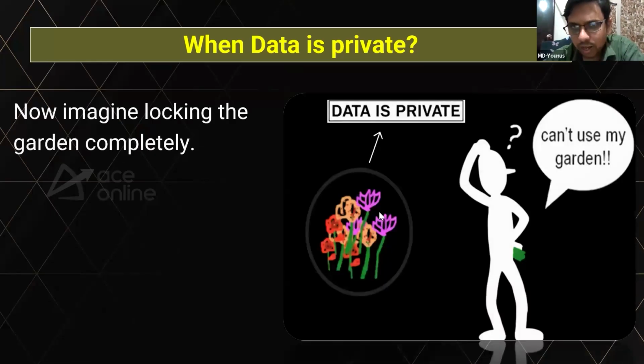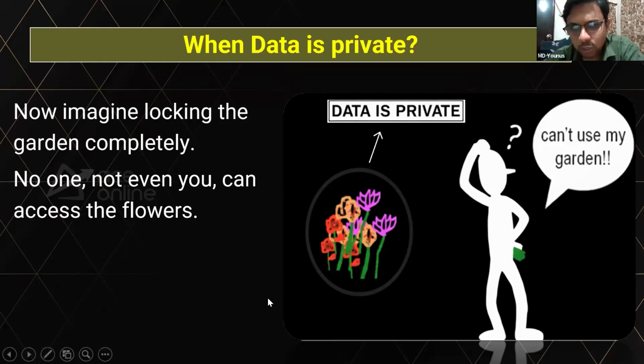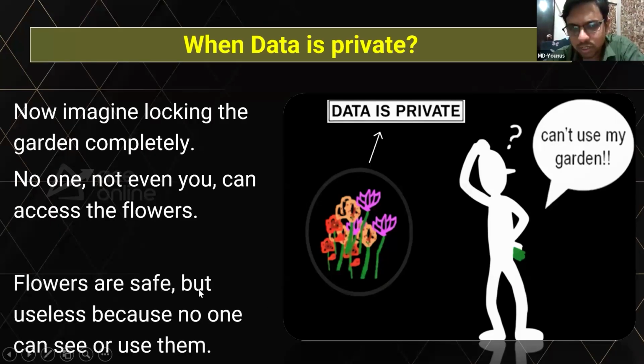Now imagine locking the garden completely. So you made the data private. But the moment you make the data private, do you agree that even you cannot use the garden now? No one, not even you, can access the flowers. Flowers are safe, but useless because no one can see or use them. Clear?